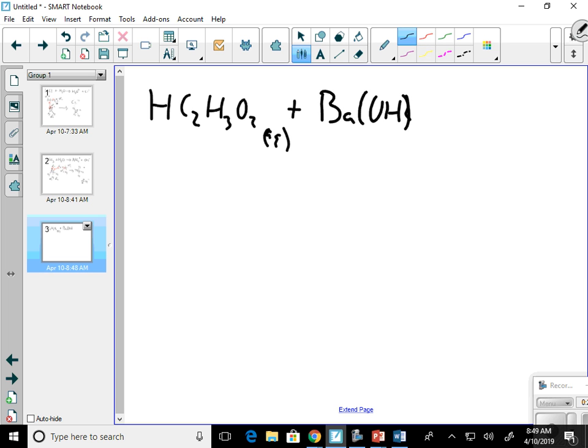Well, that's a parentheses and then a 2. And again, bases could be a pure solid or they're going to be a solution. If it helps, although it's not necessary, I could put parentheses around my acetate polyatomic ion.